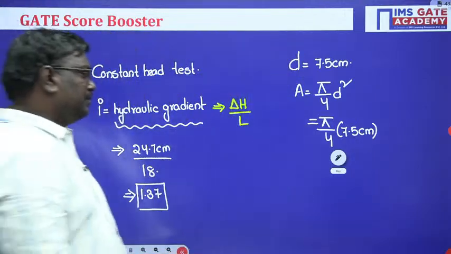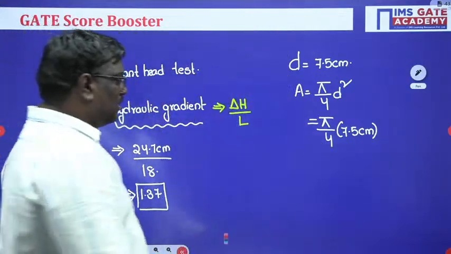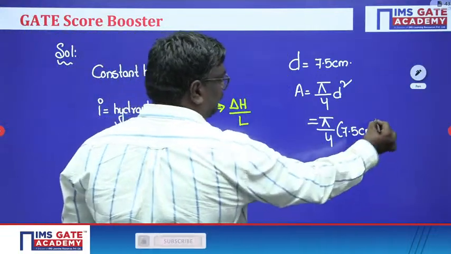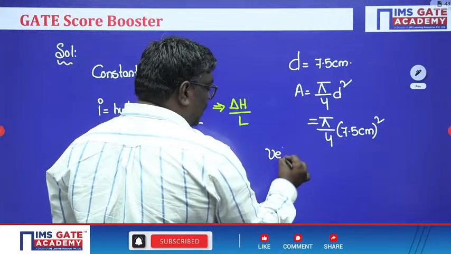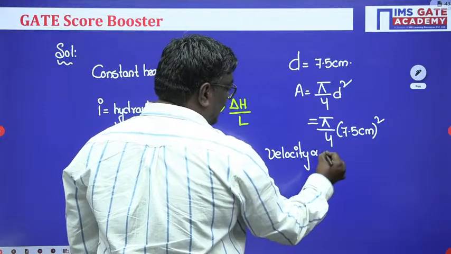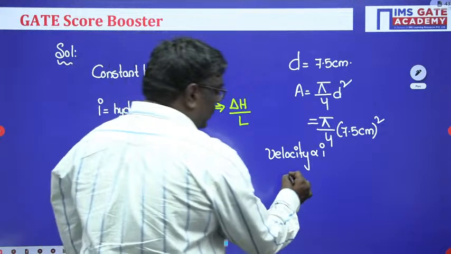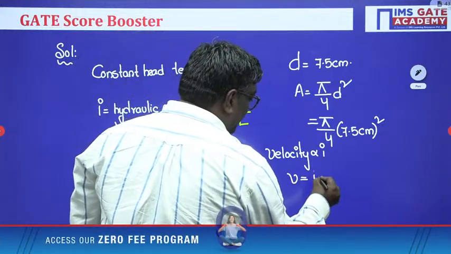Yes or no? Now see, students, according to Darcy's law, velocity is proportional to i. Now you can write this equation as velocity is equal to i into k.